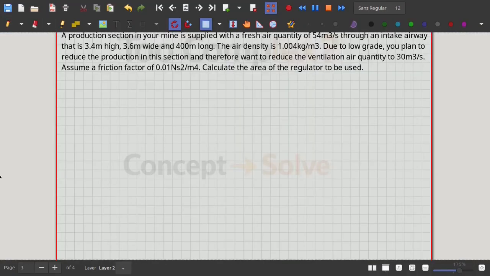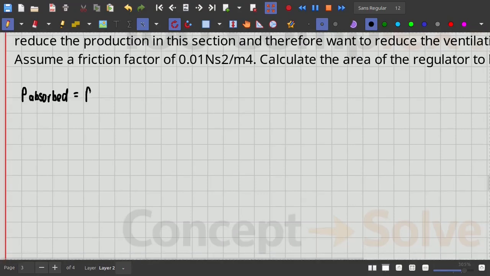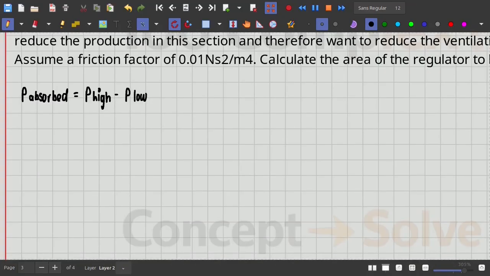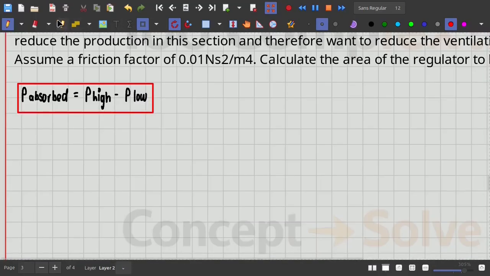Back to the question. To find the pressure absorbed, I'm going to call it P absorbed. This will be equal to P high minus P low, so higher pressure minus the lower pressure. So how do we calculate the pressure?